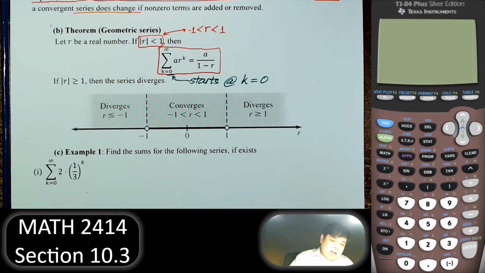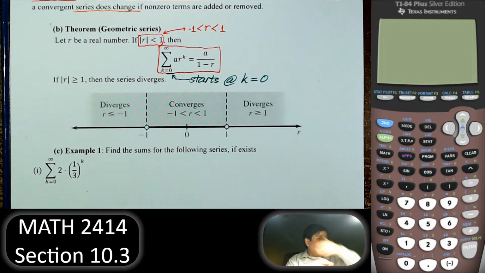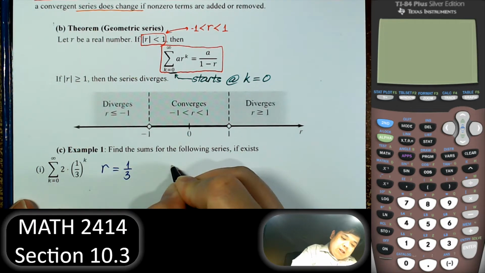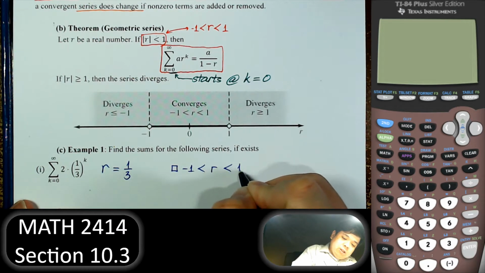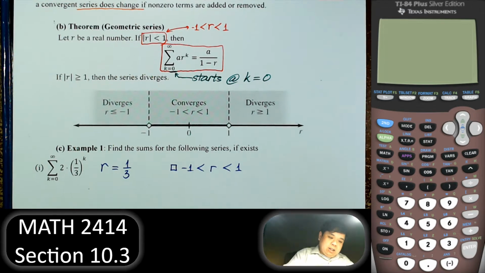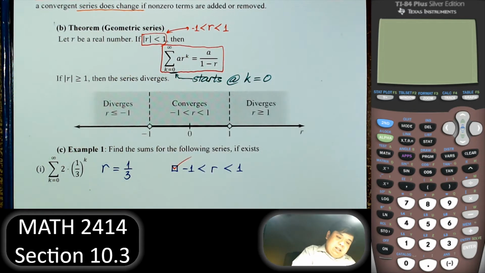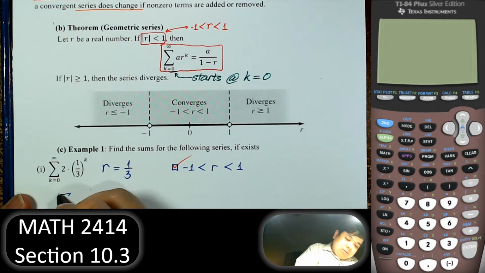Now find the sum. When we look at this, the first thing to check is whether the ratio is between -1 and 1. The ratio is 1/3. It certainly is. So yes, the sum does start from 0, which is good. It has to start from 0.